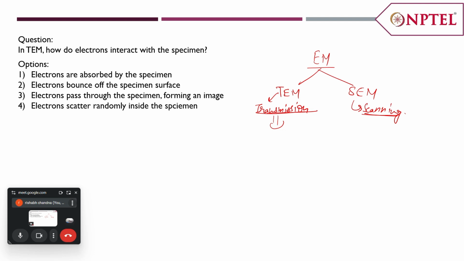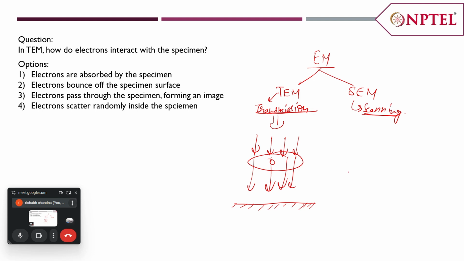As the word suggests, it will transmit through the specimen. So this is your specimen, and here the electron beam is there. Now it passes through the specimen, forming an image on the detector that is kept just beneath the specimen.